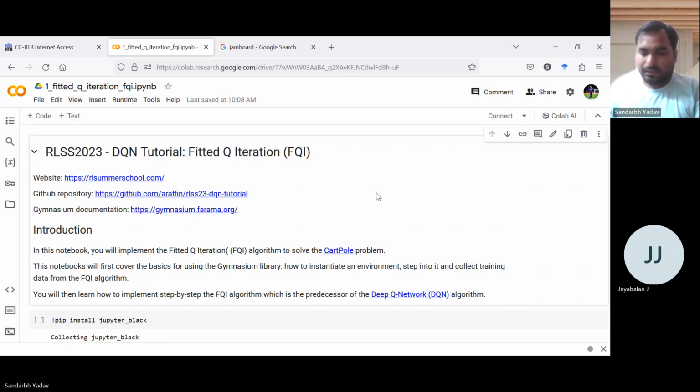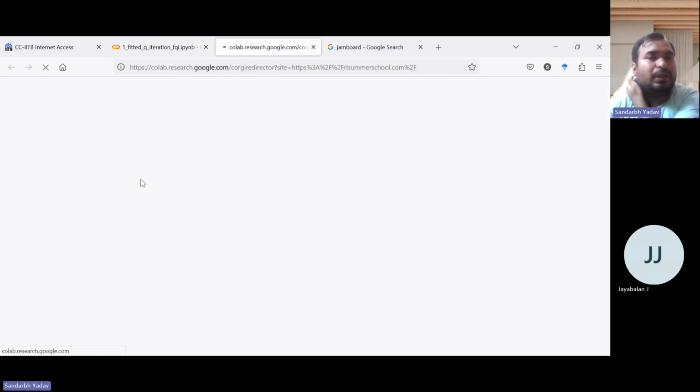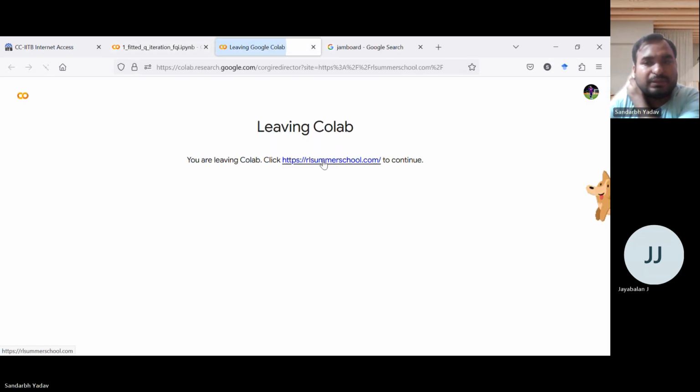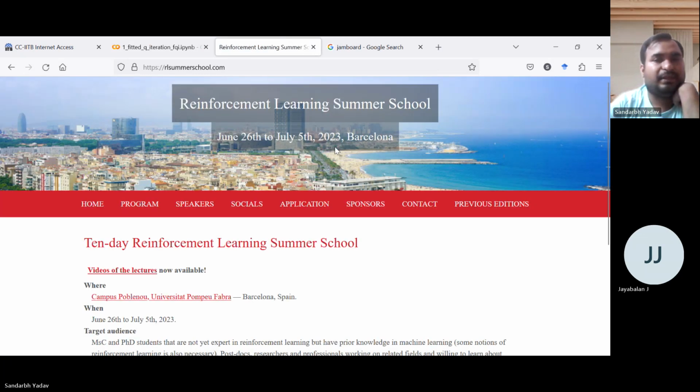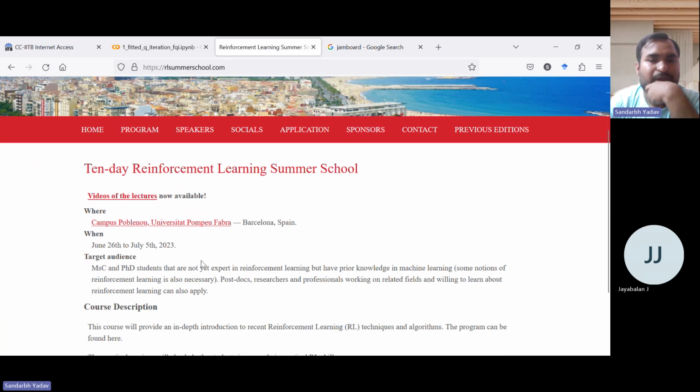Thanks. So this is fitted Q equation, and I have taken this from the RL summer school. This is actually a 10-day program that happens every year. I'm not sure whether it will happen this year, but generally people who have some knowledge of RL can go there and have more sessions on each of the topics, and some new topics also.